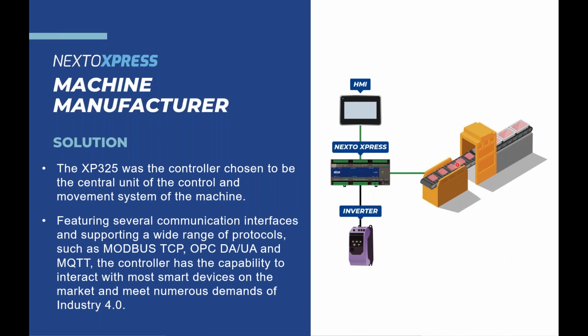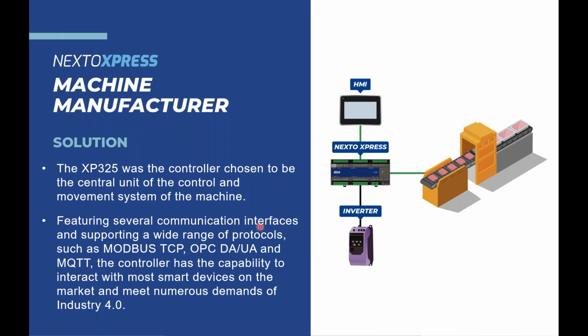So what was the solution? At that time we used a 325. They chose the 325 Nexto Express to be the central unit for the whole machine and the movements of the machine, so all the drives that are running on the machine. I know that in some of the old machines they have, they were using two controls, one for the movements and one for the process itself. But in this new line, they're using just one control, the Nexto Express, and they are able to use just one control because of the cycle time.